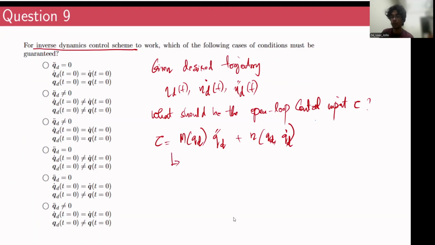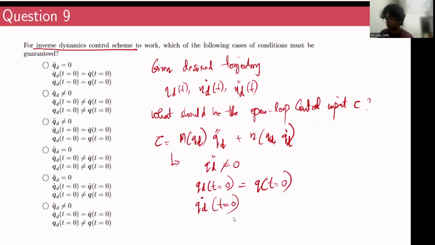And for this open loop control scheme to work, q desired double dot should not be 0, and the initial position q desired at t equal to 0 should be equal to the actual starting position q at t equal to 0, and the initial desired velocity, q desired dot at t equal to 0, should be the actual start velocity, q dot at t equal to 0.